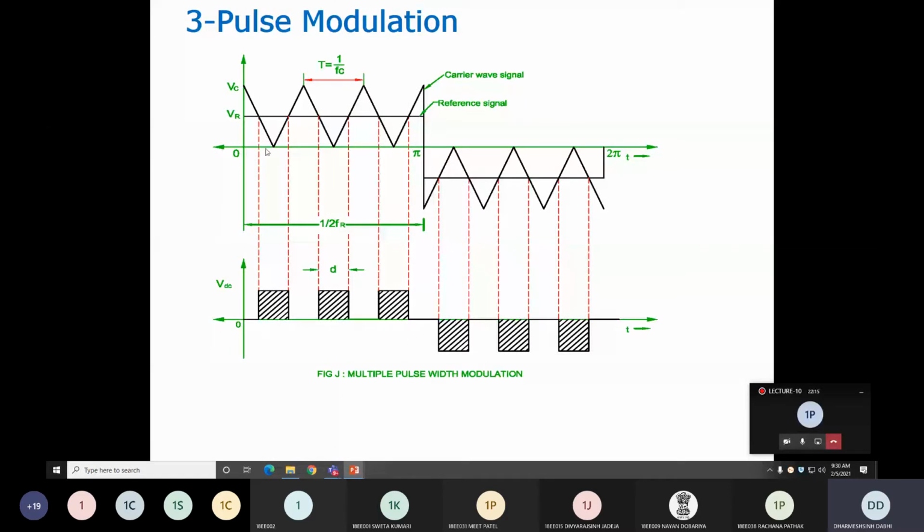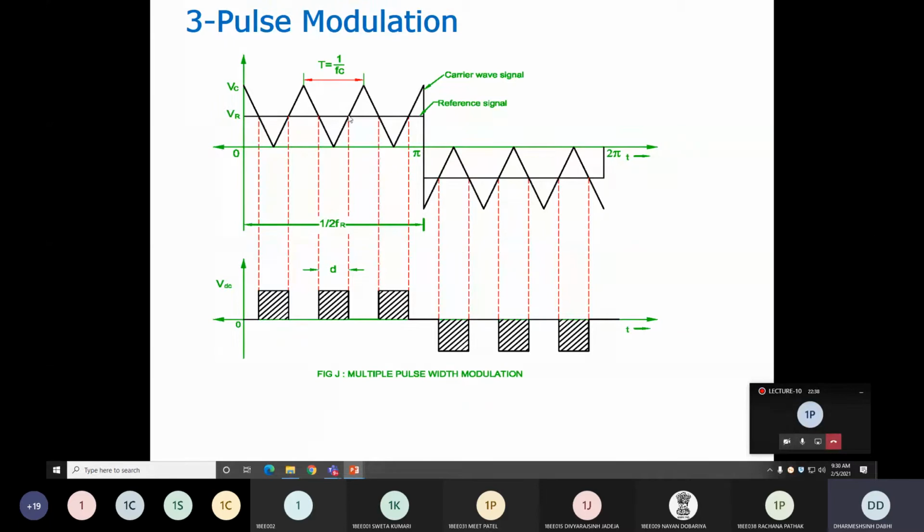Here you can see we compare the reference signal, which is a square wave, with the triangular wave. When the reference square wave is more than the triangular wave, at that time generate the gate pulse and generate the output voltage. Clear? Same way here, the triangular wave is more, so that generates zero output.